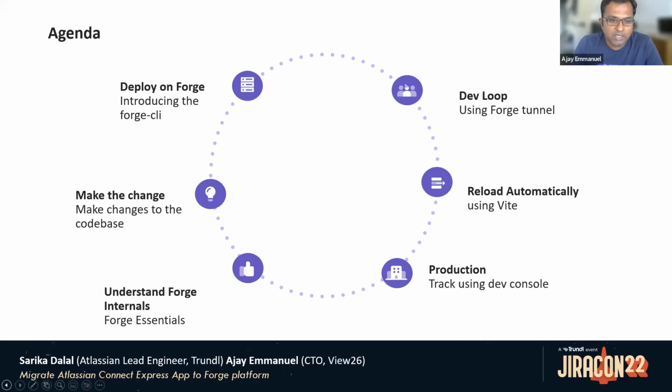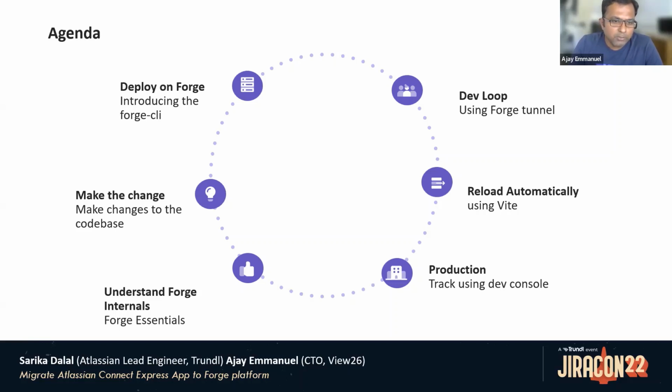So, the agenda for this presentation. Before we get started looking into the code base, I want to talk a bit more about the Forge architecture from a security perspective. Sarika has covered the basics of the difference between Forge and Connect, and we'll go a bit more into the Forge architecture from a security perspective.